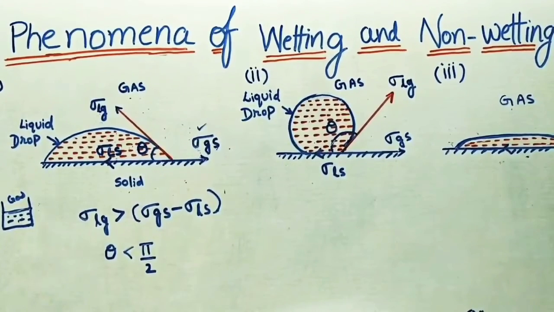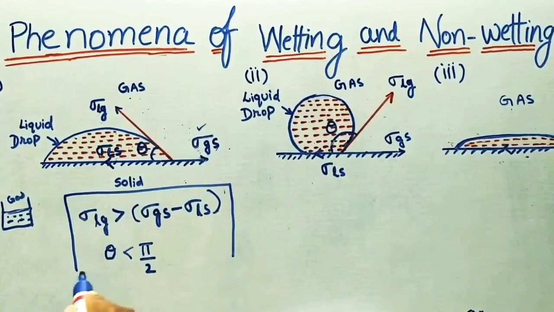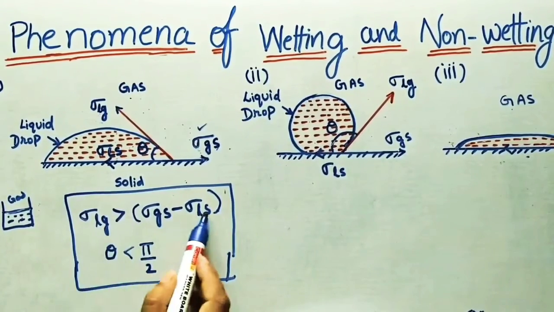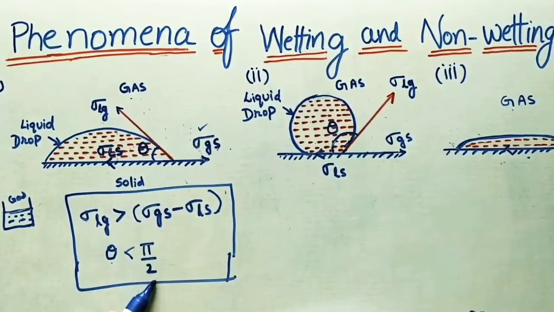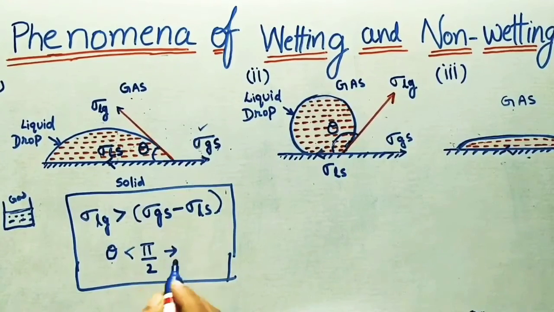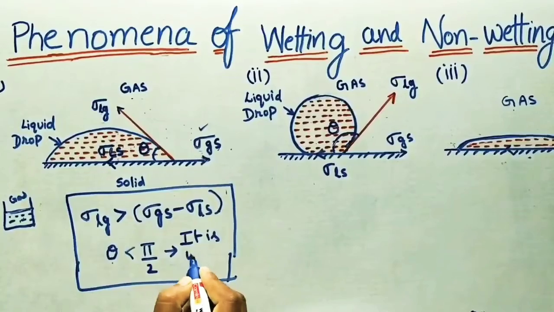These are the two conditions: the first is the equilibrium condition for this liquid drop, and at an angle less than 90 degrees it will wet the surface. It is wetting the surface.